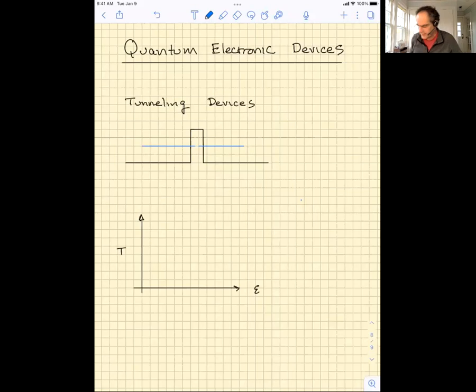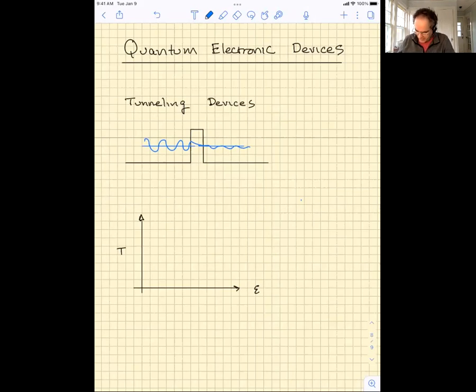All right, tunneling devices. So first, of course, we remember that when an electron meets a barrier, there's a probability of tunneling through, as we described in modern physics, okay?